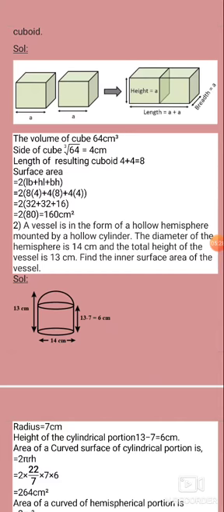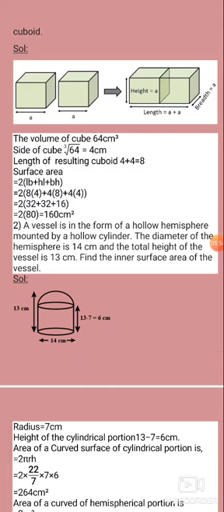Now area of the curved surface of the cylindrical portion. Separately we can take CSA of the cylindrical portion, which is equal to 2 pi r h. So 2 into pi value 22 by 7 into radius, what? The cylindrical portion radius is the same. Diameter 14, radius is 7, into height 6, which is equal to 264.